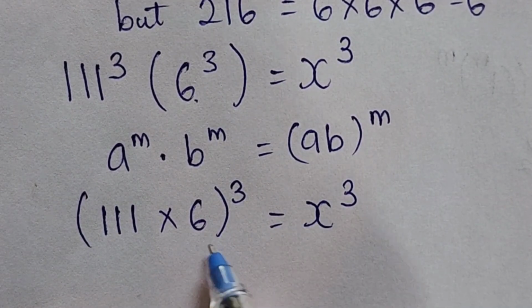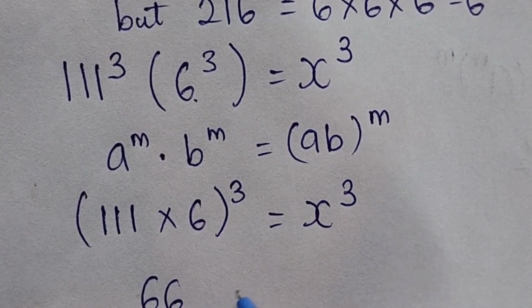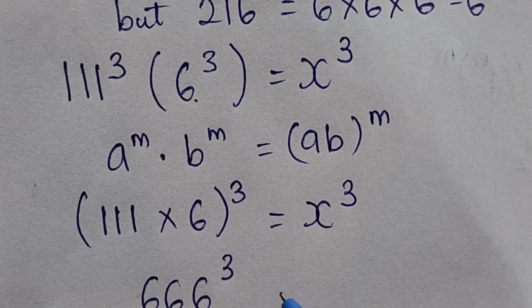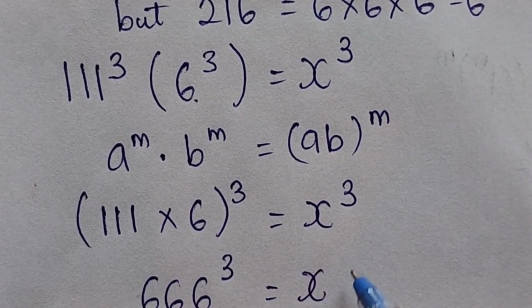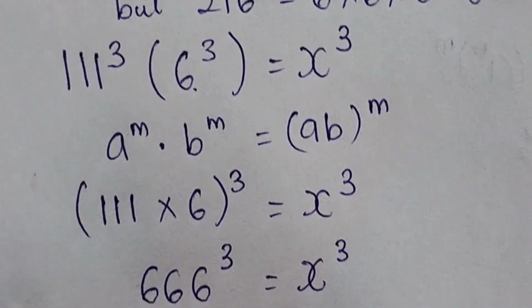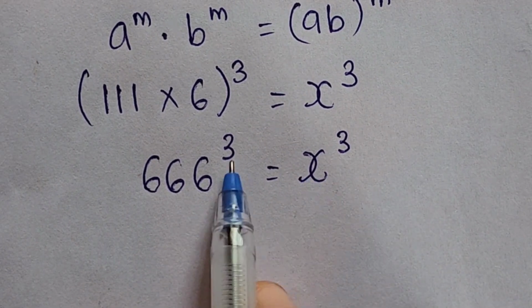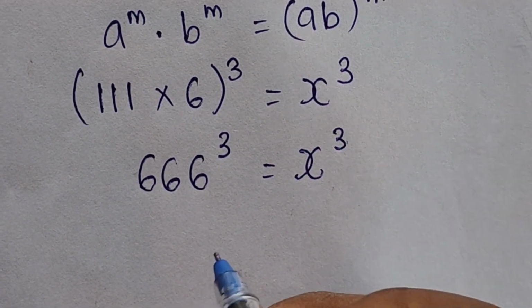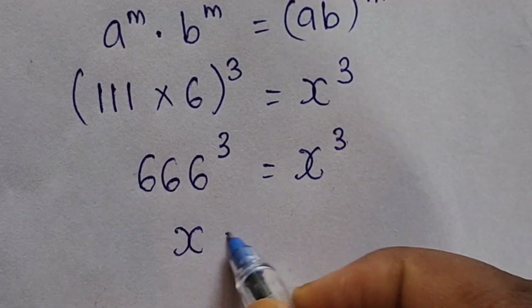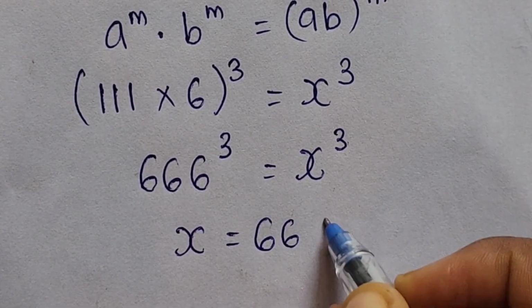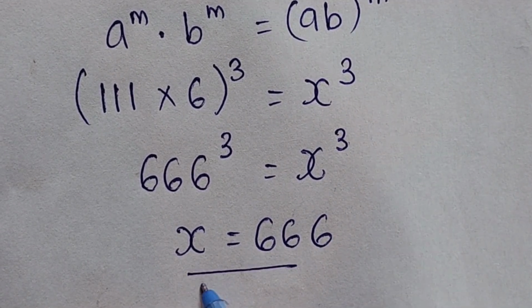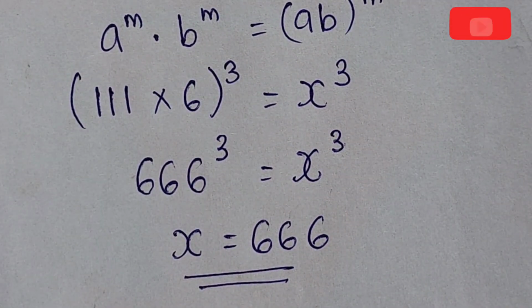So when we multiply this together, we have 6 all to the power of 3 is equal to x to the power of 3. So equating both sides, since the powers are the same, we conclude that our x is equal to 6.